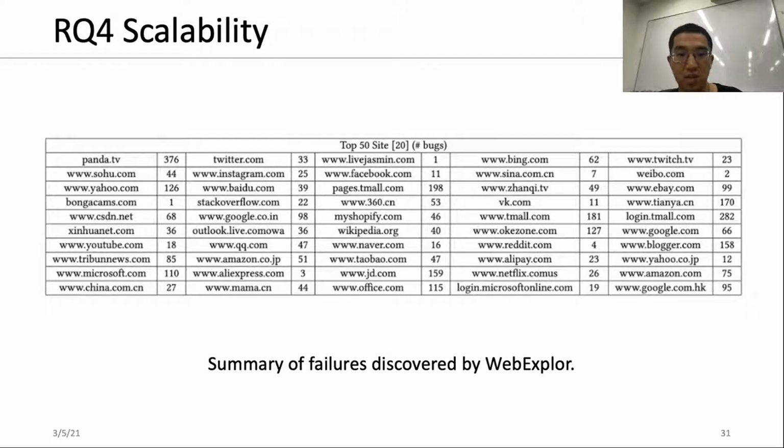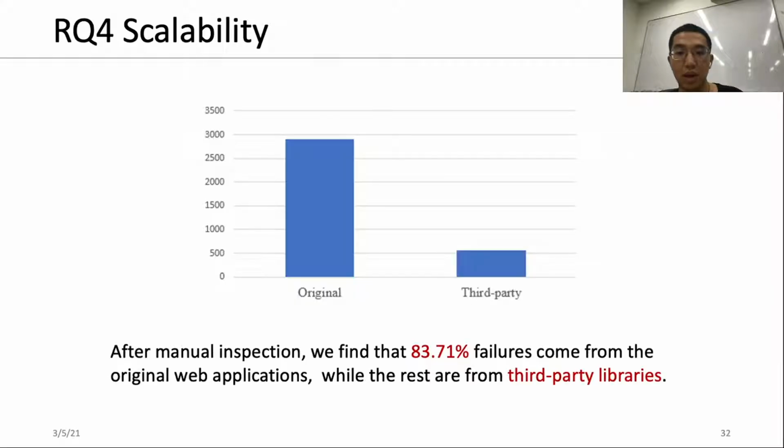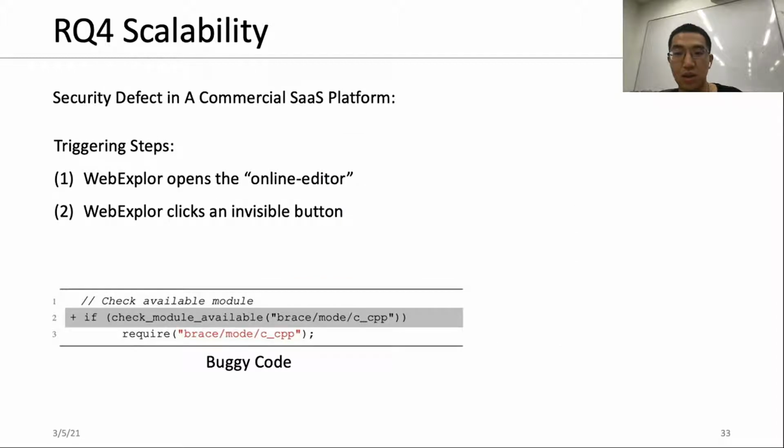Here is the summary. An interesting finding is that most of the failures are happening in the original web applications, and about 20% of failures are caused by third-party libraries. Here is a concrete security defect.